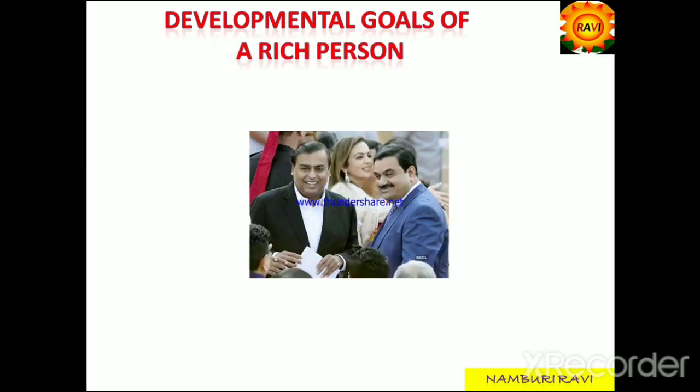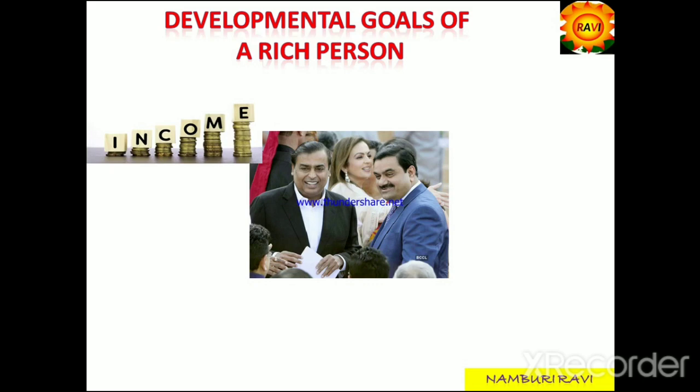Now we can see the developmental goals of a rich person. The first developmental goal is higher family income, meaning all the family members should get more wages.